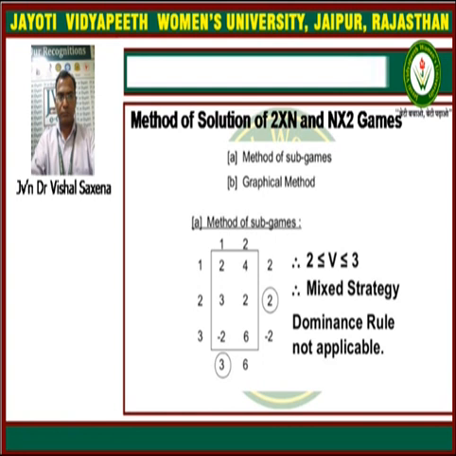Now we have to find its solution by the sub-game method. First of all we will check the game for the saddle point, so we find the minimum values in the rows.